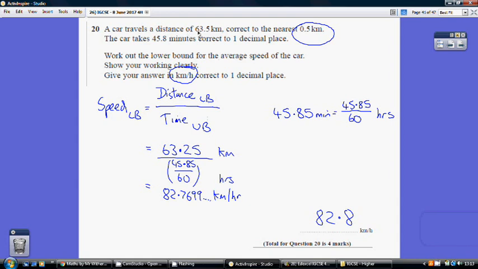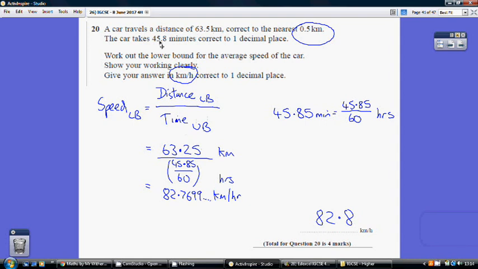So the distance travelled is 63.5 to the nearest 0.5 kilometres. So to get the lowest bound, we go down half of this 0.5, which is 0.25. So 63.5 minus 0.25 is 63.25. And we want to divide this by the upper bound of time.